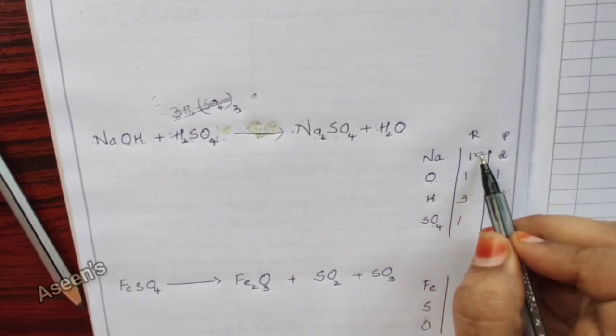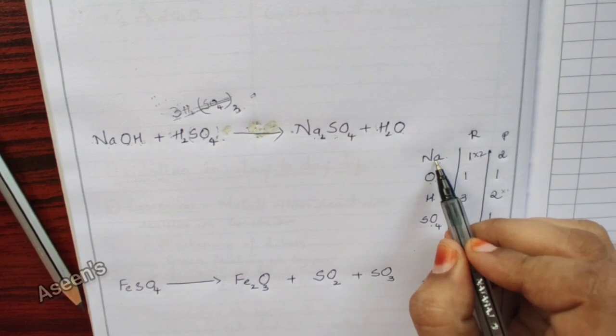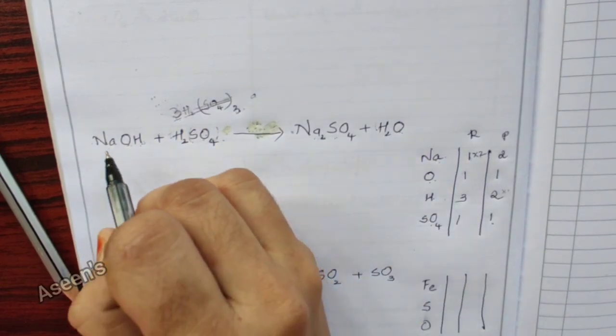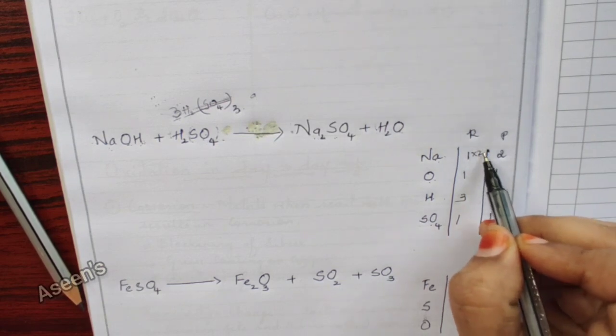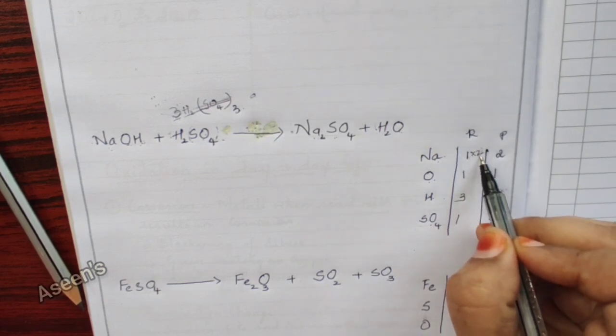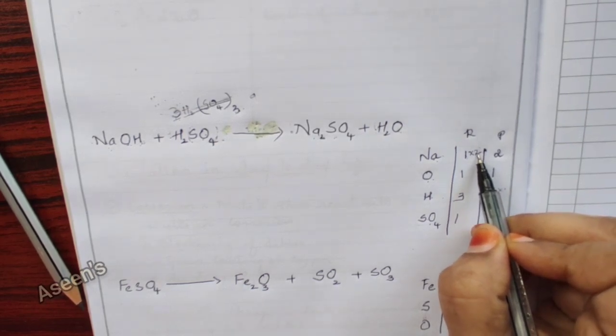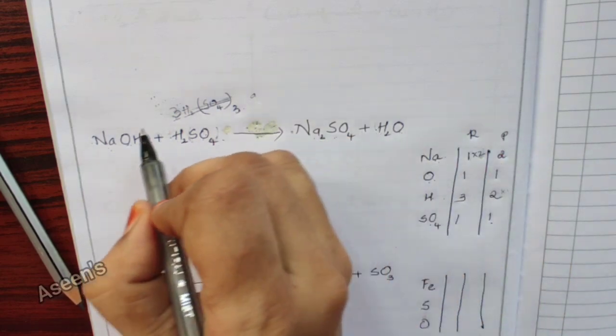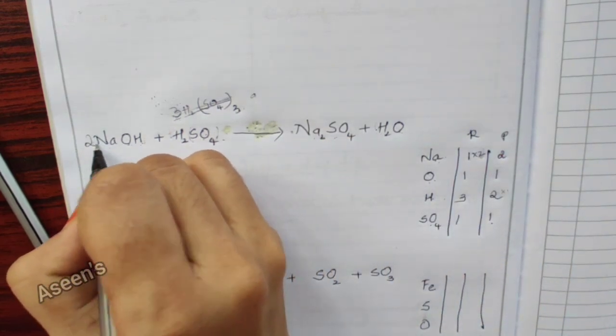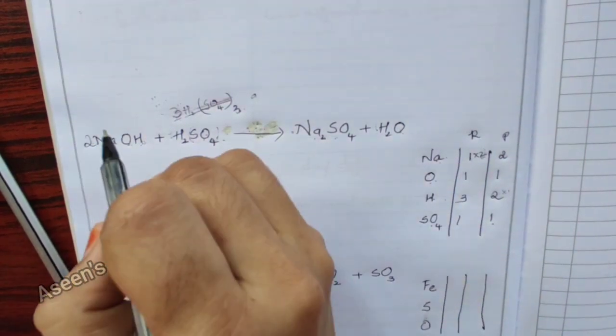So where should I put this 2 now? On the reactant side, where is my sodium? Here. I need to multiply this with 2. So this 2, the number with which I am multiplying, that is this 2 which I have put inside, I have to write outside and not here.